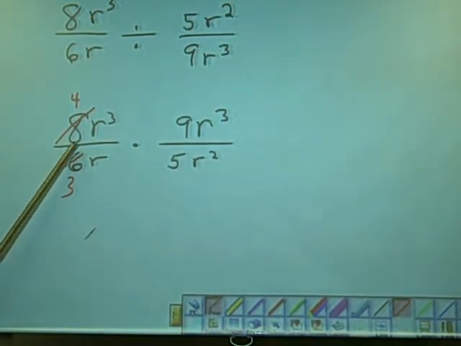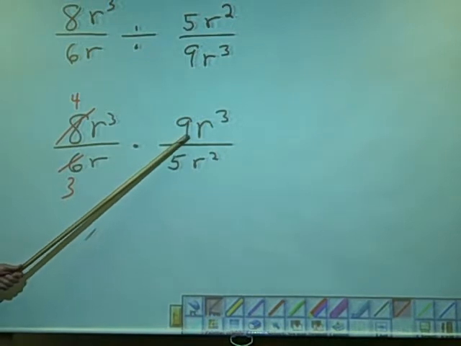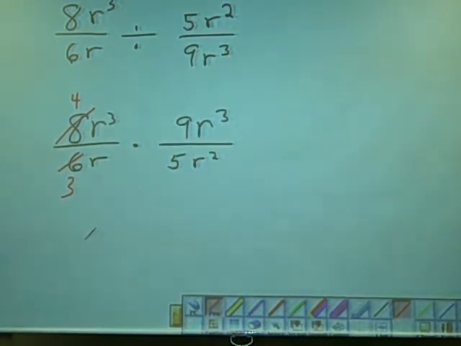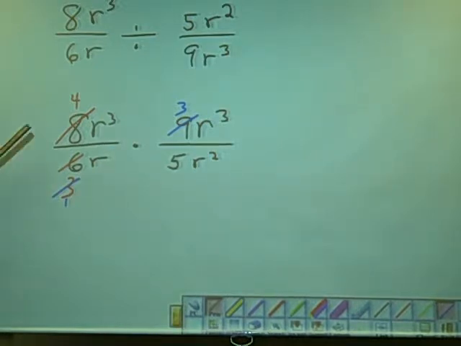Can the 3 cancel with anything in the numerator? Anybody? Yeah, the 9, right? So 3 can go into 9, and that's 3 times. 3 goes into itself once. The 4, that doesn't cancel with the 5. But we know that the r's can cancel, right? We know that r can go into r cubed, and that'll be r squared.